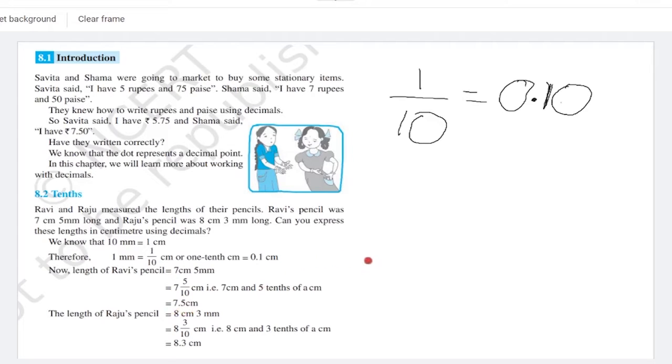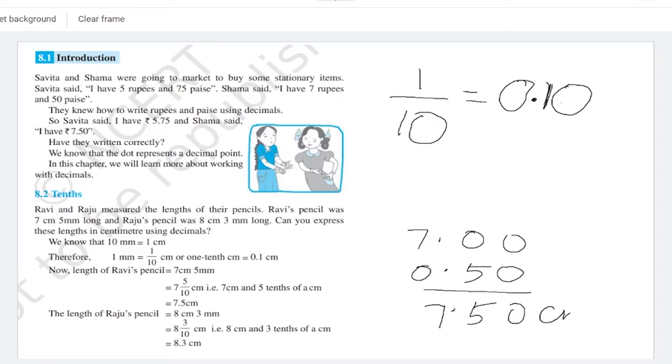You get, you have 7 here. 7 means 7.00. 5/10 means it will be 0.50. So if you add this, you will get 7.5 centimeters.